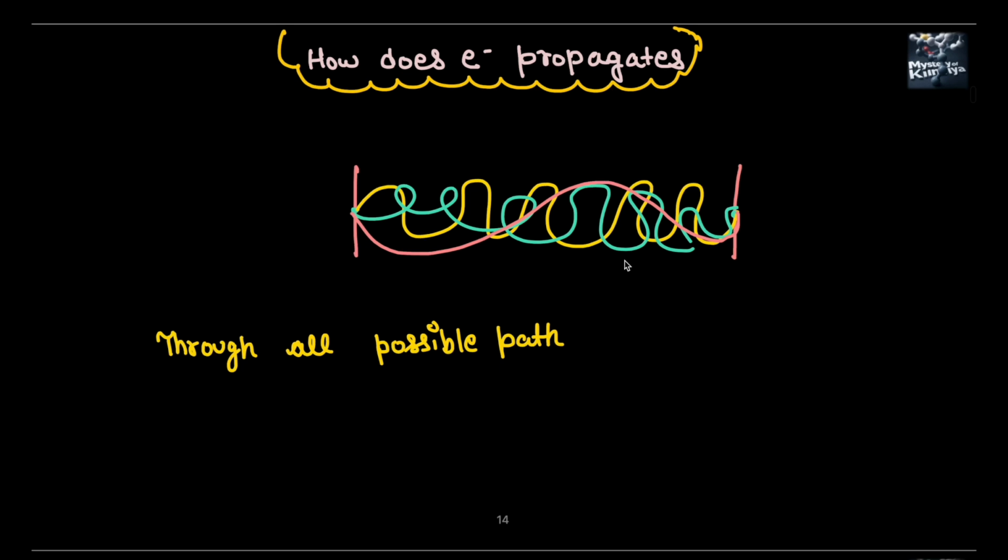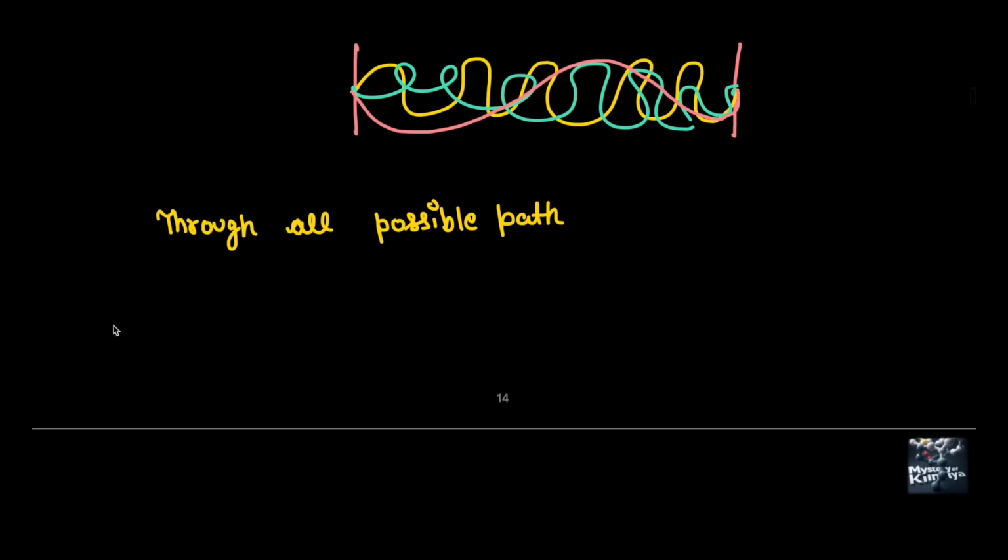If we want to find the probability of finding an electron, the probability, as you know, is directly proportional to the wave function squared.